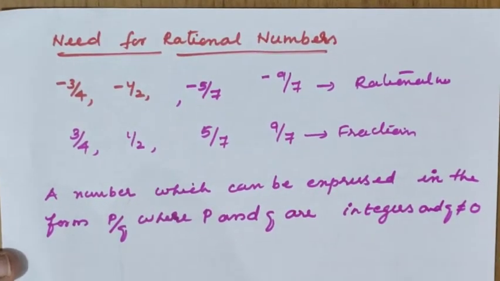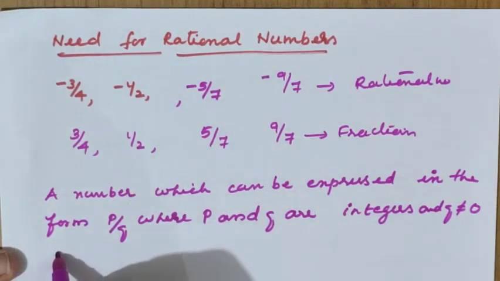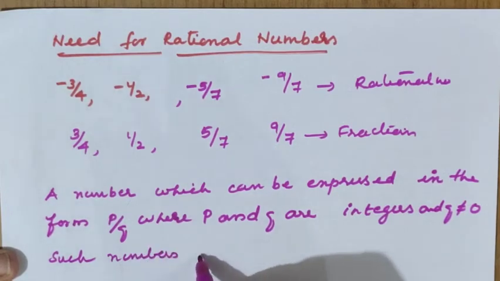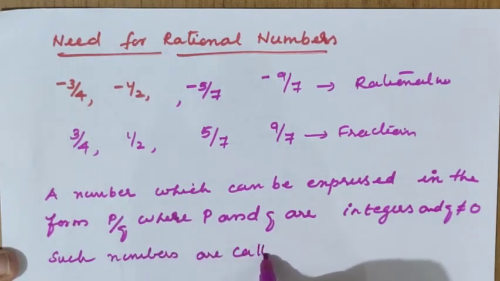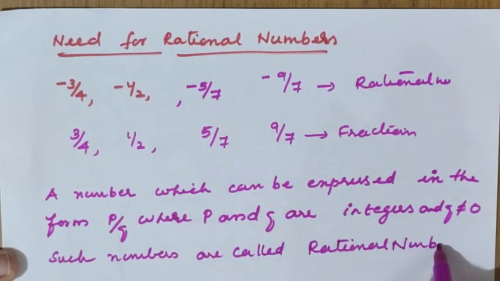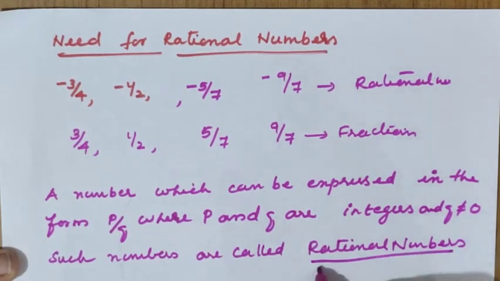The definition says that a number which can be expressed in the form P by Q, where P and Q are integers and Q not equal to 0, such numbers are called rational numbers.